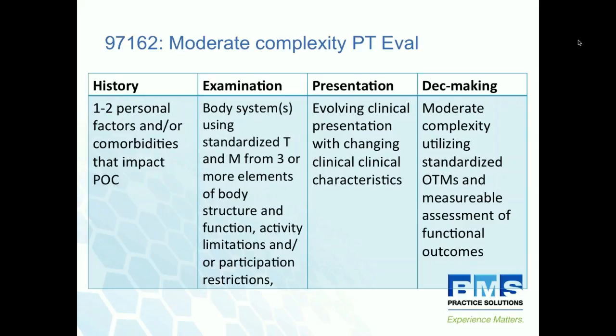So not as simple as the low complexity patient, a more complex problem, but the patient is presenting with an evolving condition that you would find to be predictable based on your knowledge of the pathology. And then the decision making for moderate complexity uses standardized outcomes, tests and measures, and measurable assessments of functional outcomes.